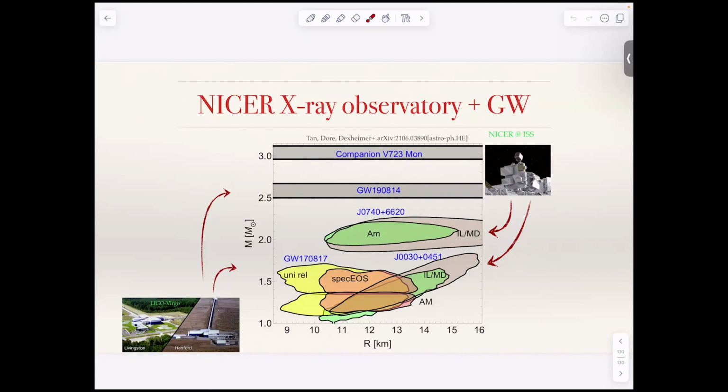But you may also have a neutron star which has a companion. We have seen you could have a white dwarf, and white dwarfs are made of carbon and oxygen. So the material of the white dwarf could accrete and also be part of the composition of the atmosphere of a neutron star. So you may have a neutron star with a hydrogen atmosphere, a helium atmosphere, or a carbon atmosphere.